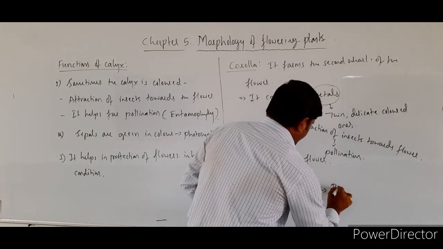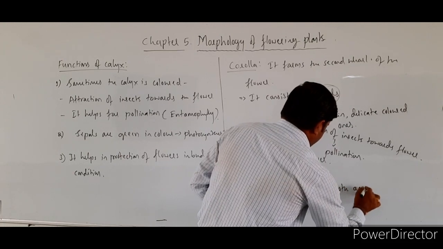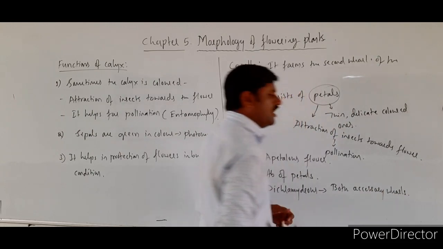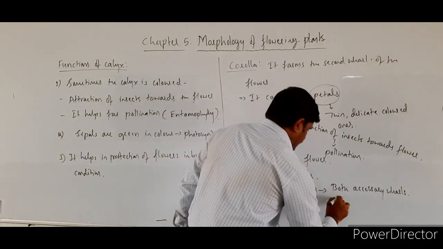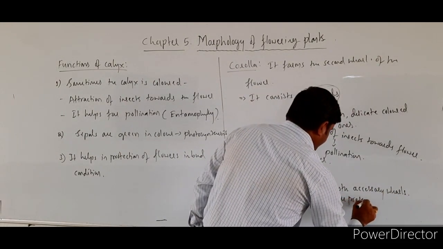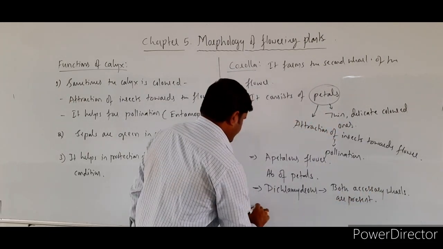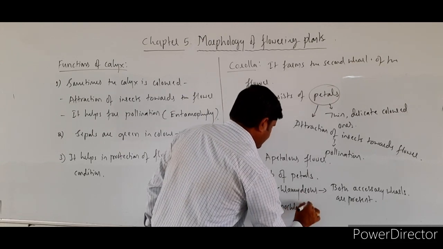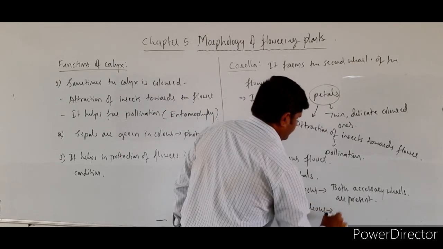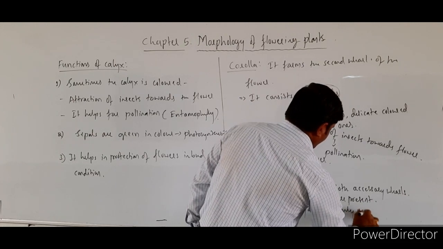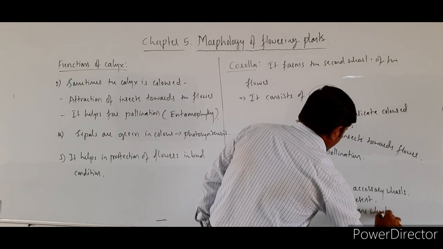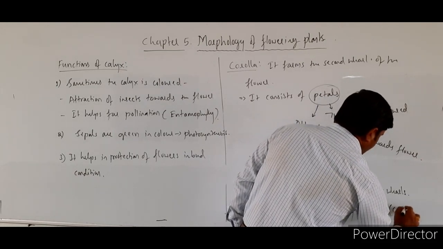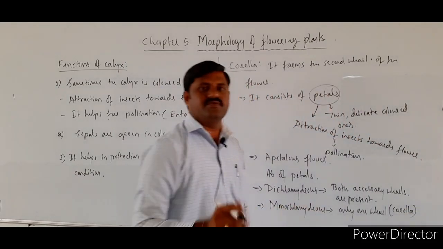In dichlamydous condition, both accessory whorls are present over here. In monochlamydous condition, only one whorl, especially the corolla, is present over here.